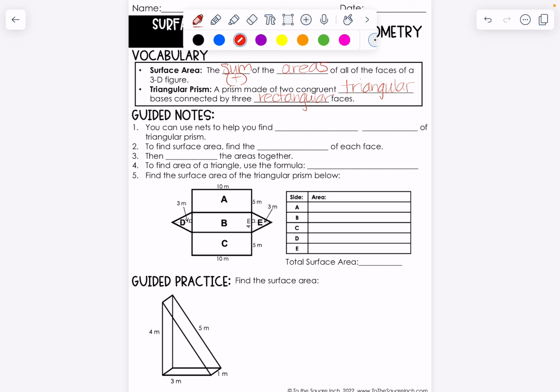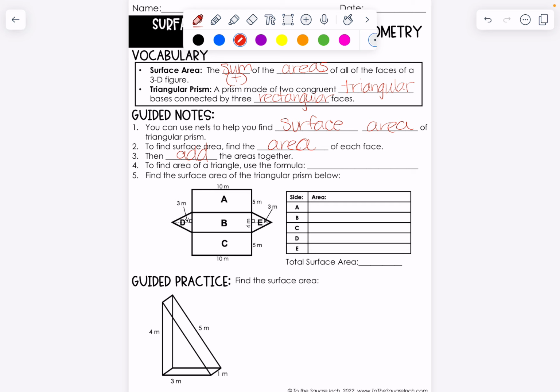So you're going to be thinking of two triangles and three rectangles. You can use nets to help you find the surface area. And so you want to find the area of each face and then add the areas together.